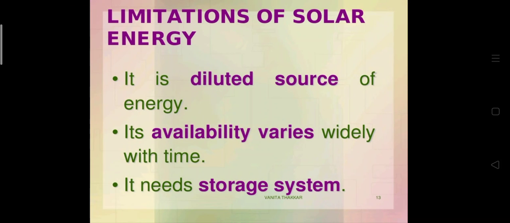What are the limitations of solar energy? There are very few limitations. It is a diluted source of energy, and its availability varies widely with time. In summer there is so much solar energy, and in winter there is very little available. Its availability also varies from place to place.